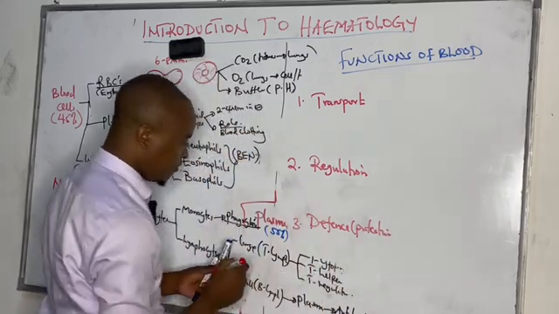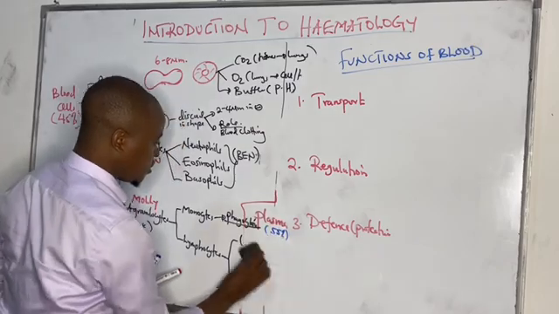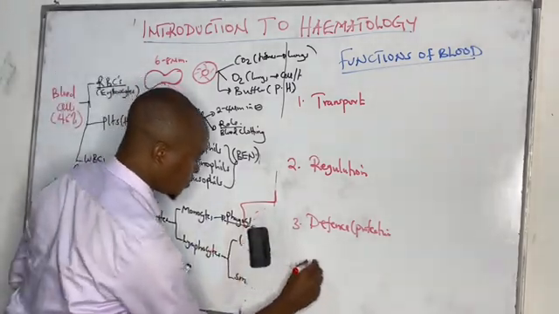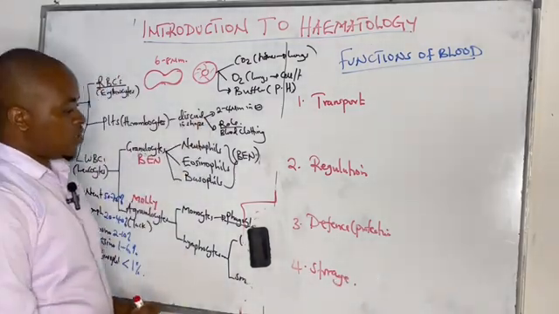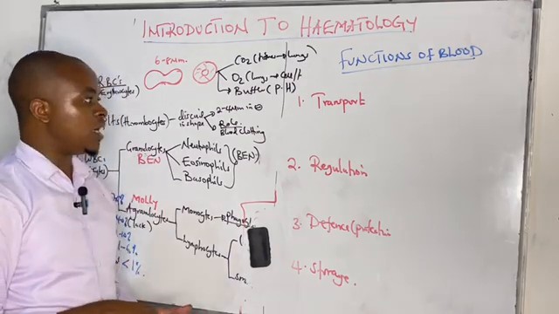And I can even add a fourth one, and the fourth one is storage. You can also see blood playing a big role in storage. So these are the four major ways we can categorize these, but in an exam you don't need to categorize.